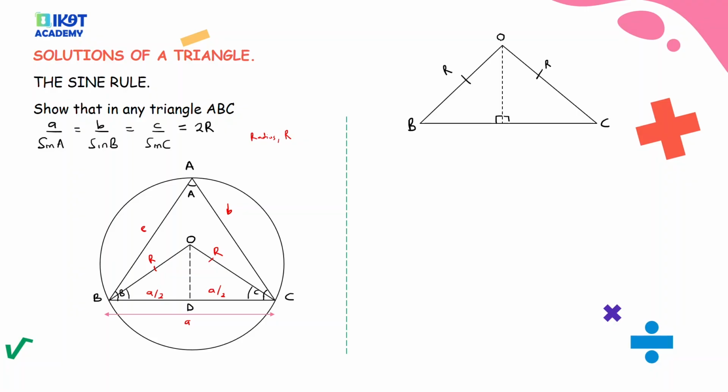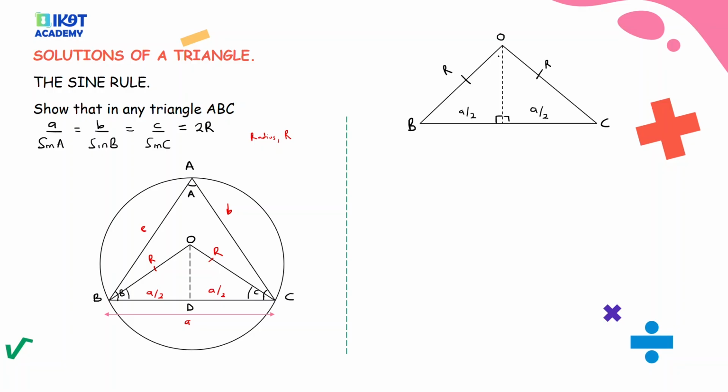And now here we have BOC. We had already noted that the radius was side BO, and also the radius is side CO. Then we noted that this side was a over 2 and this side was a over 2.